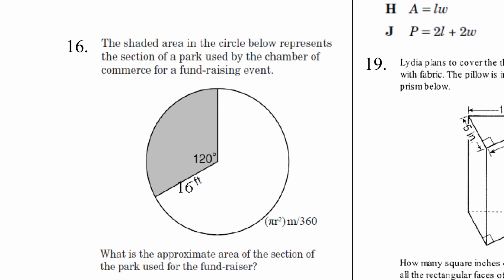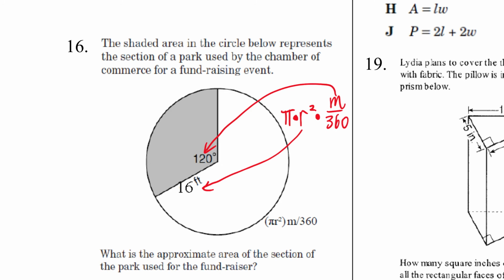Okay, number 16, the formula's there, but I'm going to rewrite it because it doesn't look very good. So on this, you're just going to do pi r squared times m over 360. R is the 16, the m is the measurement, the angle is 120. So we're just going to plug those numbers in there to find the area of the shaded part.